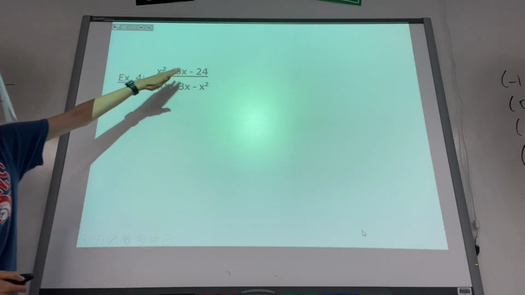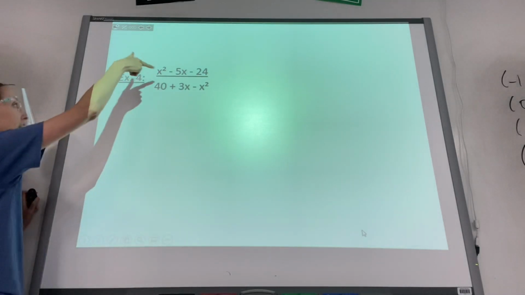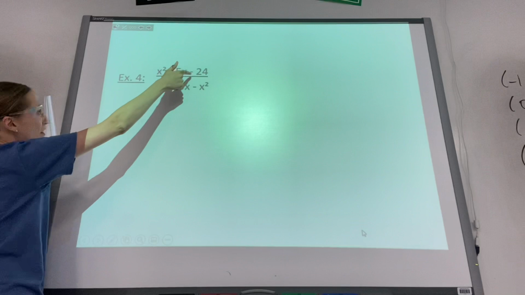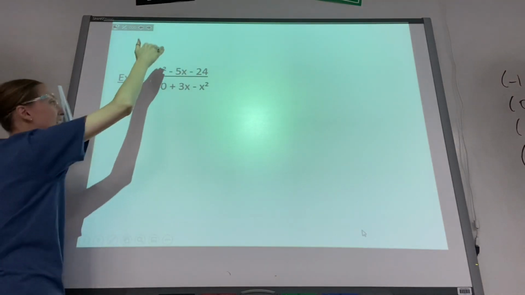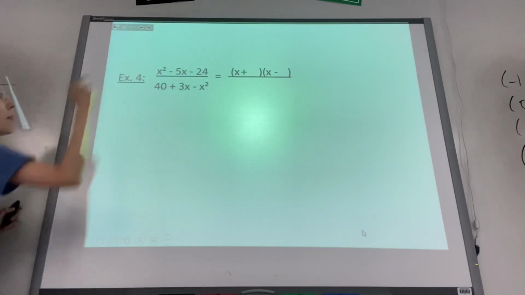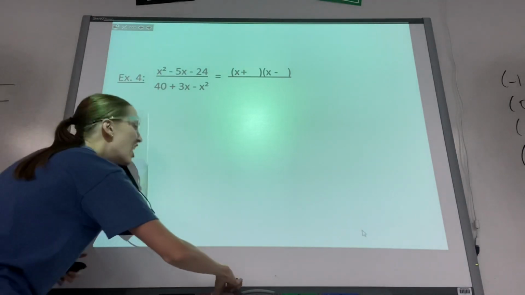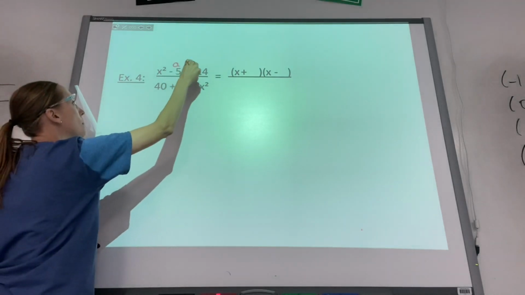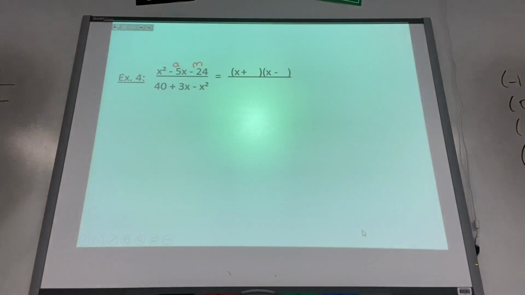Now I'm looking on the top here, and this looks like it's nice factoring. The signs are going to be different though, so let's be careful about how we order this. We need one of them to be a plus, one of them to be a minus. What are two numbers that multiply to negative 24 and add to negative 5?